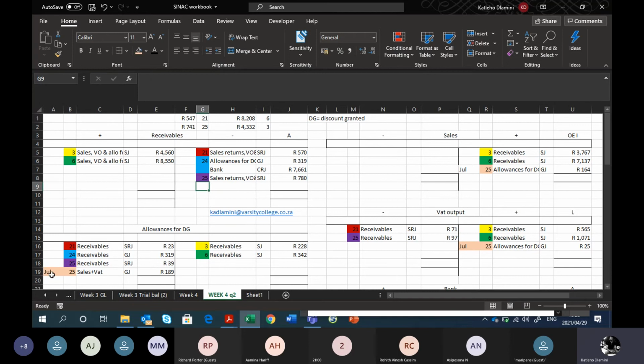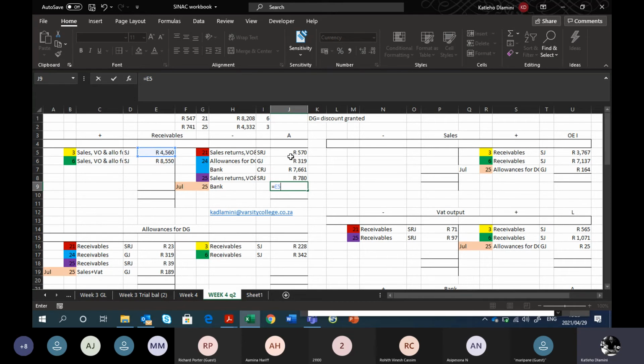Okay. So July the 25th, bank, we have how much this person owed us, 4,560 Rand, right? We don't have the discount being subtracted. Remember now, the discount is not being subtracted.